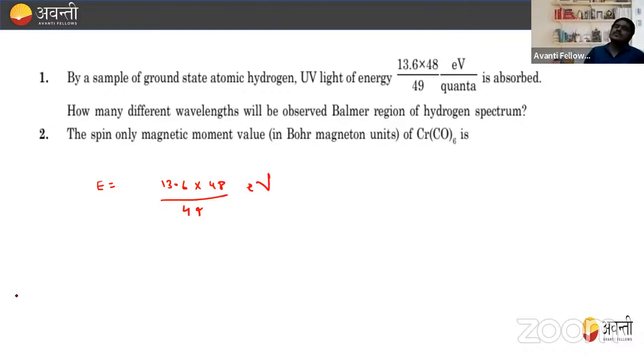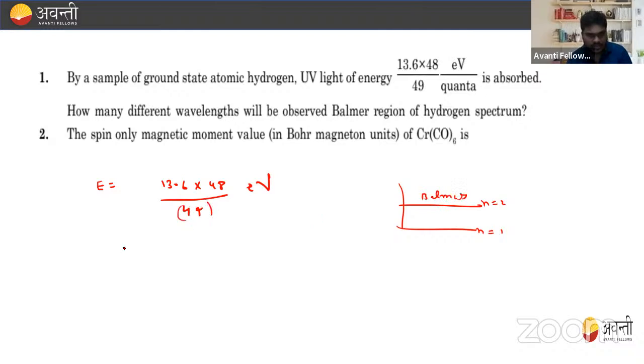How many different wavelengths will be observed in the Balmer region of the hydrogen spectrum? So you have to identify the Balmer region. We know that n equal to 1 is for Lyman, n equal to 2 is for Balmer. If you compare with the standard equation, it will come out to be 13.6 into Z square upon n square, right?